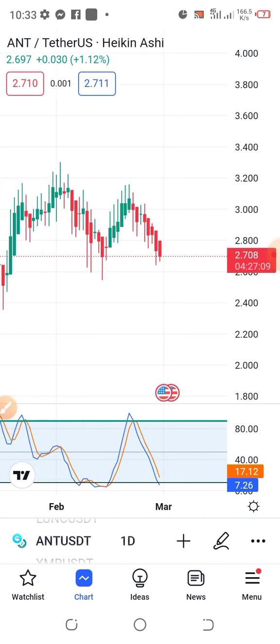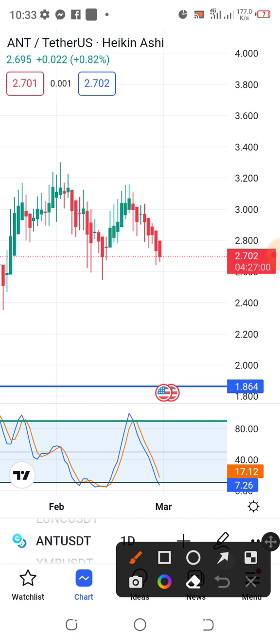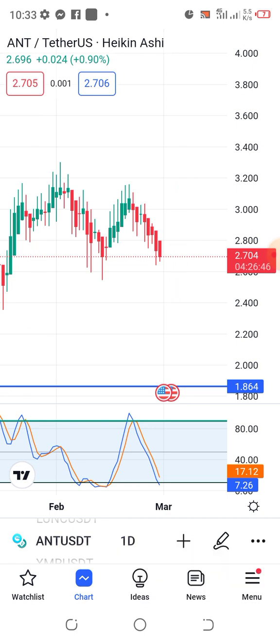When you want to do support and resistance, you consider the points and area. For example, when you want this area from here, you consider the points where the market went lowest and where it went the highest. Those are the points you consider first.